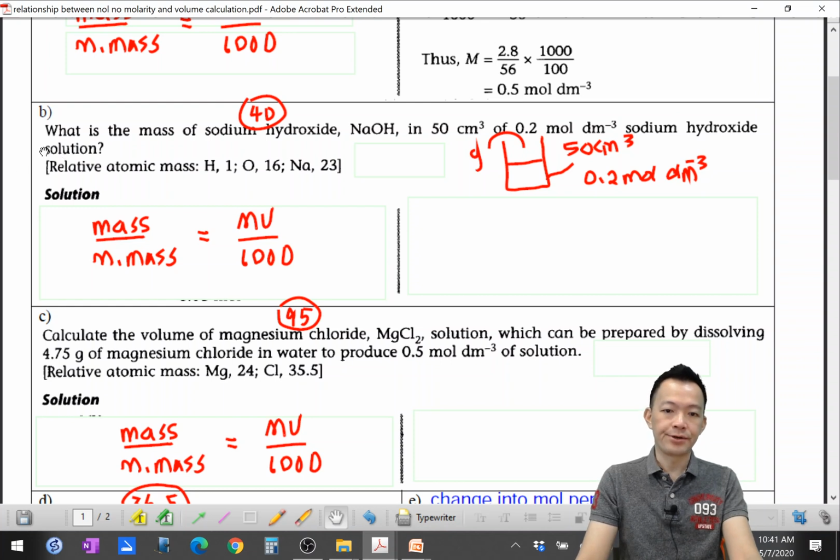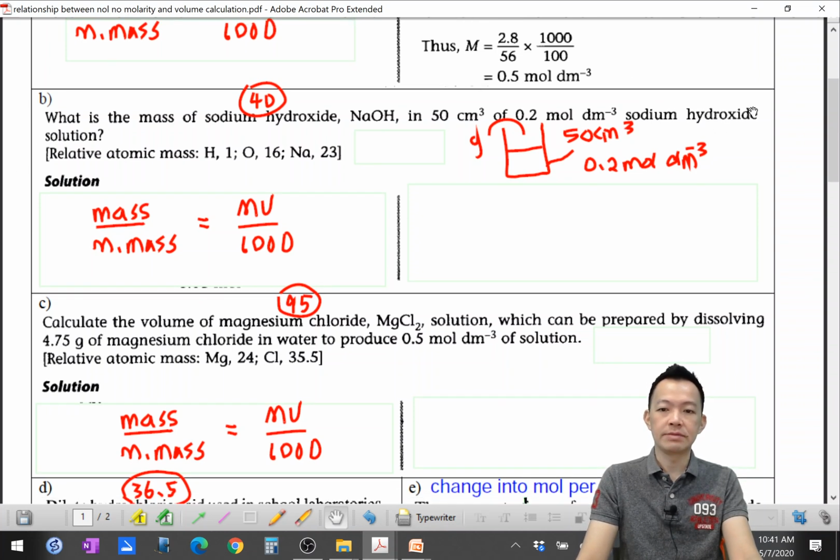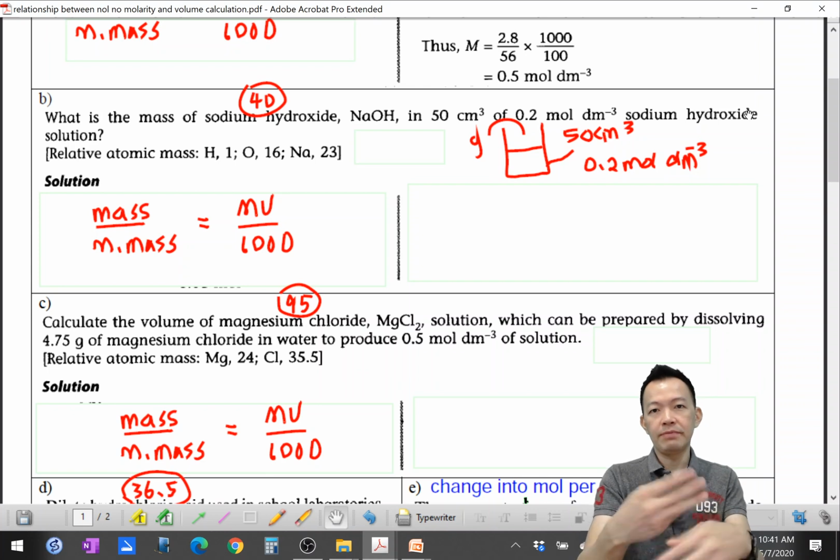What is the meaning? Let me make it a real example.